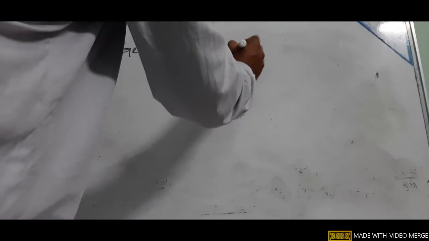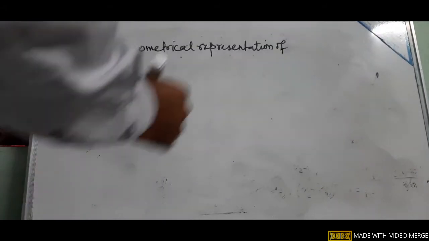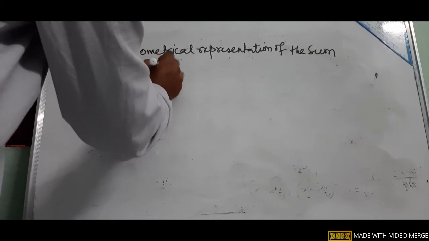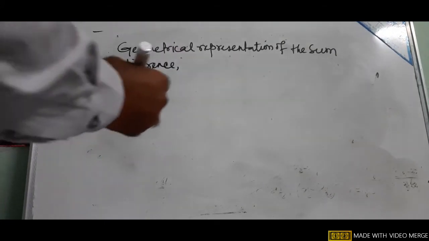So next we are coming to the geometrical representation of the sum, difference and quotient of complex number.